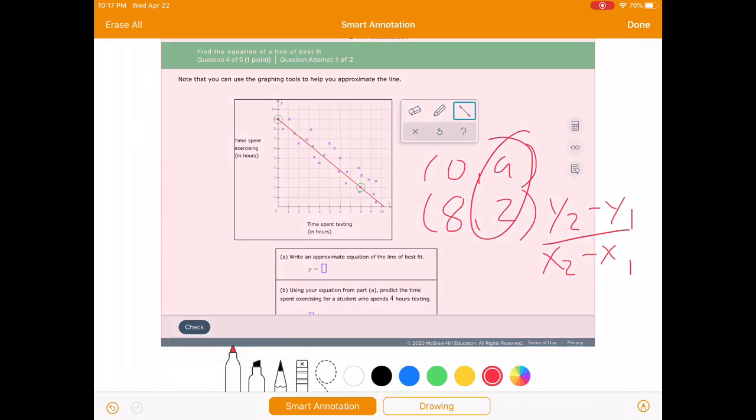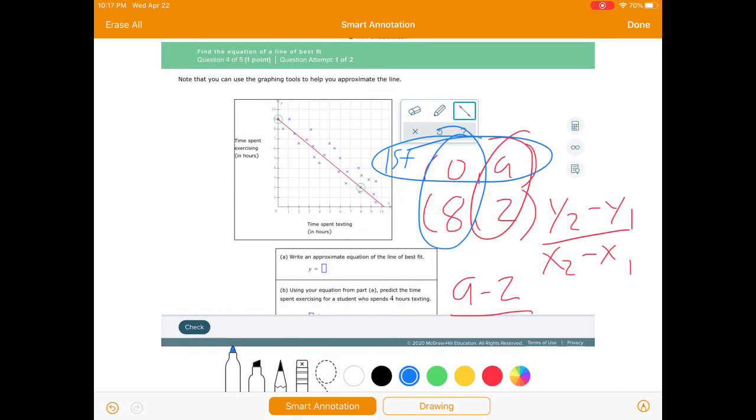So my 9 and the 2. So I'm going to take 9 minus 2. And then I look at my x's next. Since I used the 9 first, I have to make sure that I use the 0 first. So I'm going to have 0 minus 8. And that's going to give me a slope of 7 over negative 8.